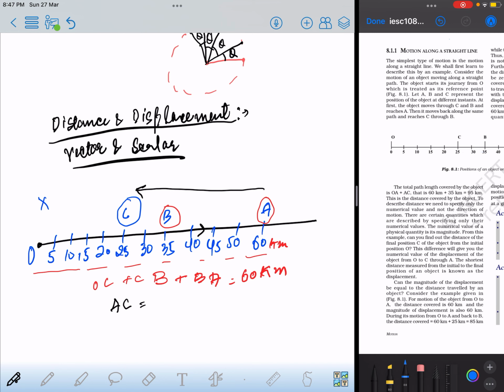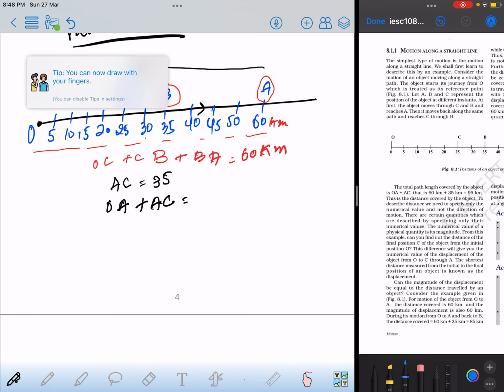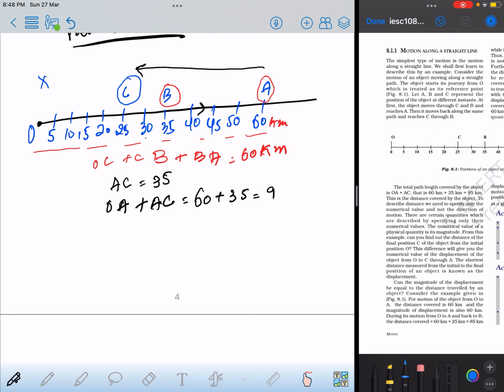We will go from here up to here, we have 30, and this is 35 kilometers, and we add OA plus AC. Have some patience, guys, this is a very crucial topic, you need to understand this. OA plus AC is 60 plus 35. So the total distance covered by the body is 95 kilometers.